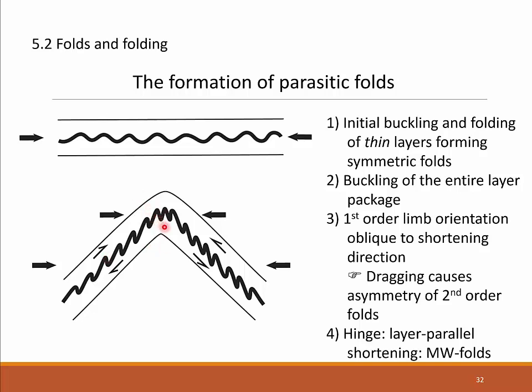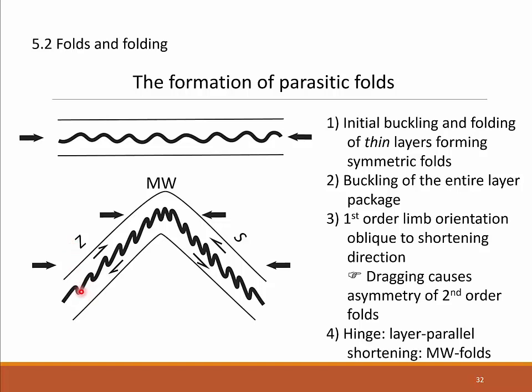In the hinge of the fold, we see that the layer is still parallel to the shortening direction. And here we maintain the symmetric geometry of the folds. We might tighten them compared to the earlier stage, but the fold shapes that we find in the hinge are still symmetrical. We can associate these different shapes of folds with letters.